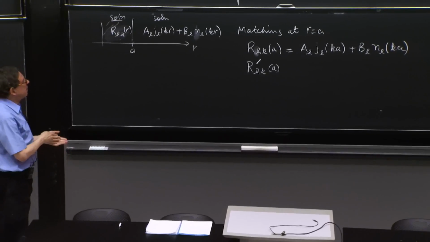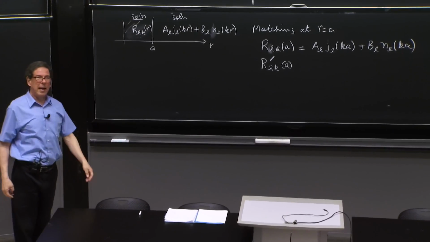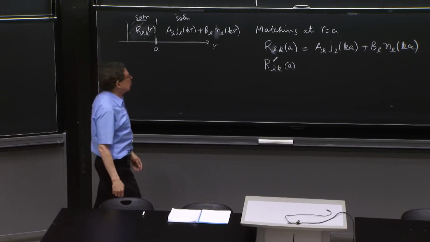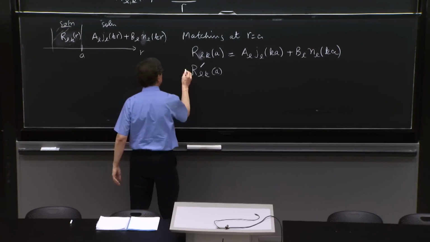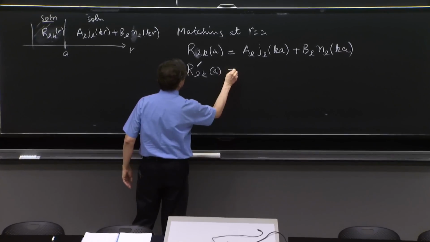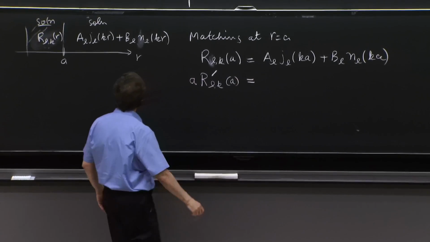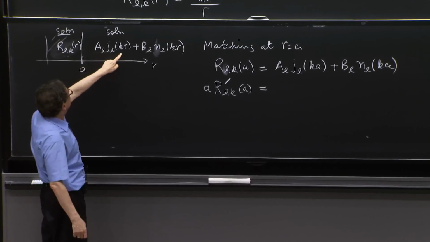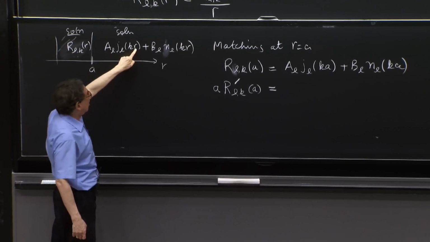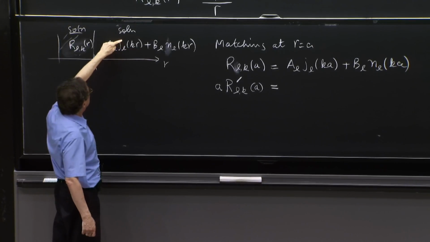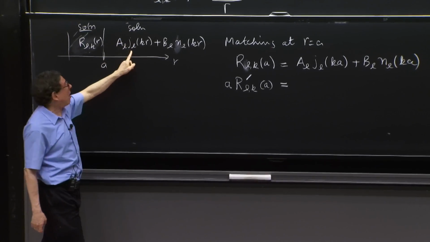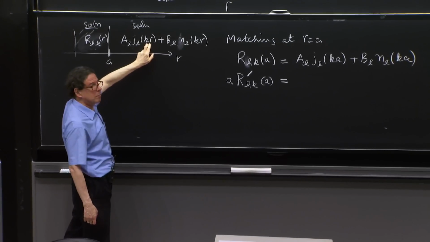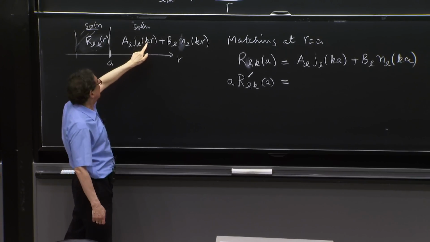You differentiate with respect to a. In order to get the units not to change, you multiply by an a, so I have to multiply by an a on the right-hand side when I take the derivative. When I take the derivative with respect to r, I take the derivative of j with respect to the argument, and then the derivative of the argument with respect to r. That takes out the k.